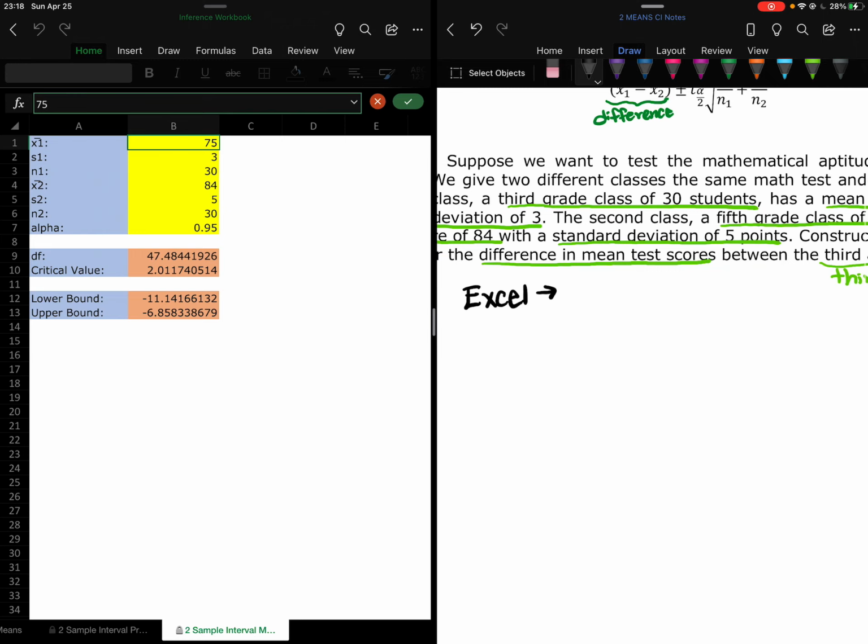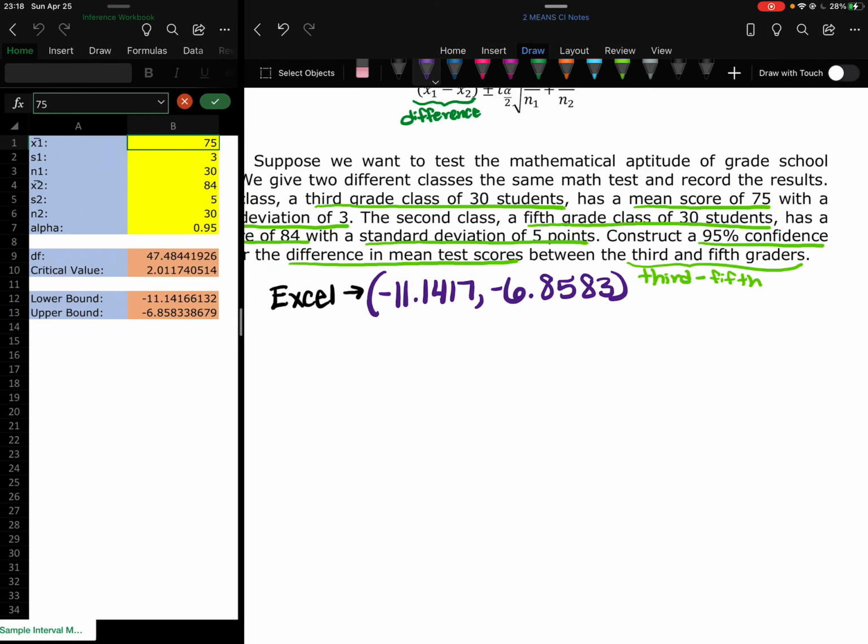And then our lower bound and upper bound. So we're going to write those down. So negative 11.1417, negative 6.8583.